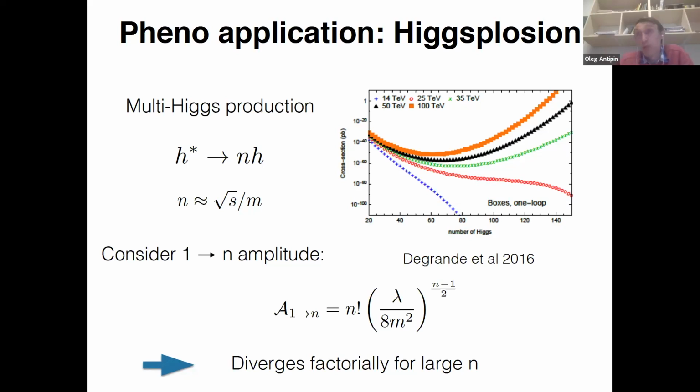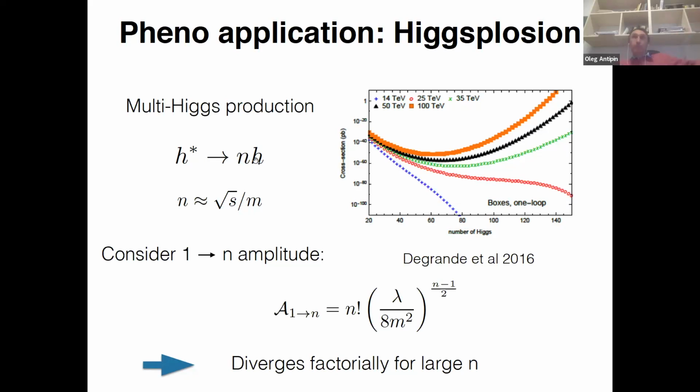So I have to, of course, make a comment about the Higgs explosion. Even though I have to apologize in advance, I don't have something very deep to say. But of course, let me remind you what a Higgs explosion is. So we just mentioned the standard model. If you have a multi-Higgs production, imagine some highly off-shell Higgs, I call it H star. From one highly off-shell Higgs, you produce n Higgses.